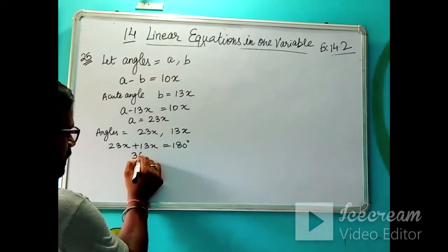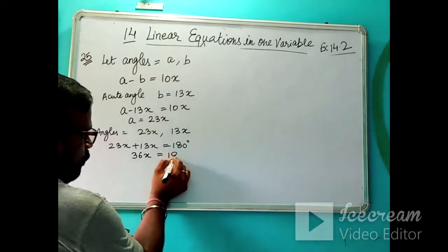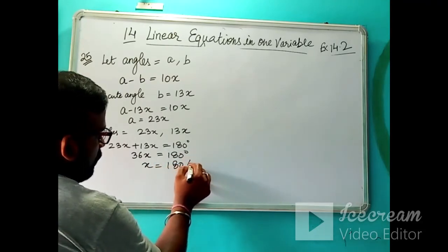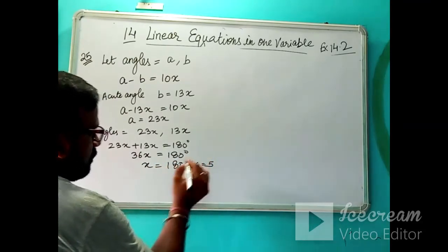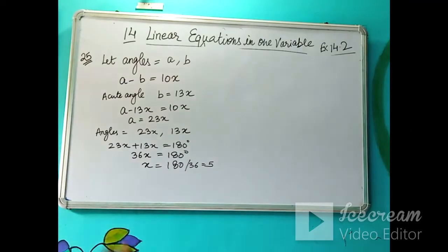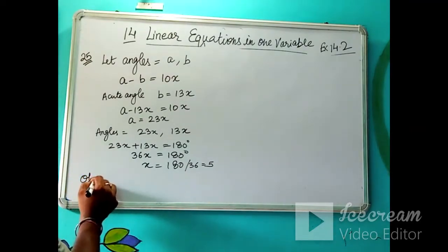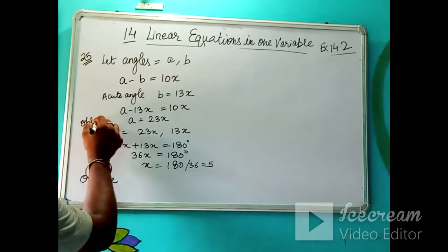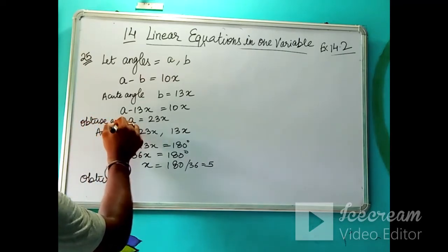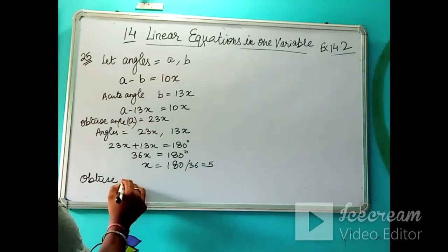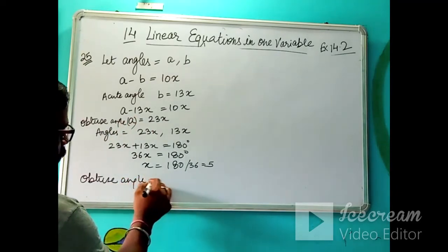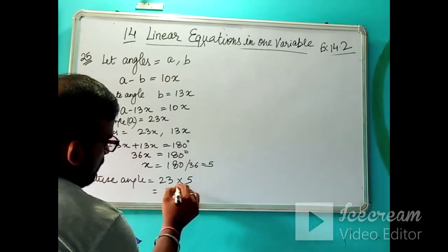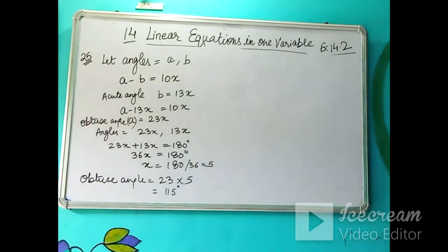Then it becomes 36x equal to 180 degree, and x is 180 upon 36, that is 5. So what is our obtuse angle we found? This was our obtuse angle. It was 23 into 5, that is 115 degree.